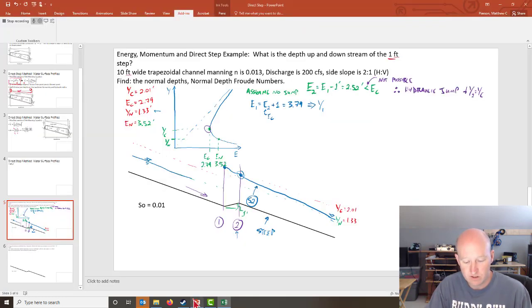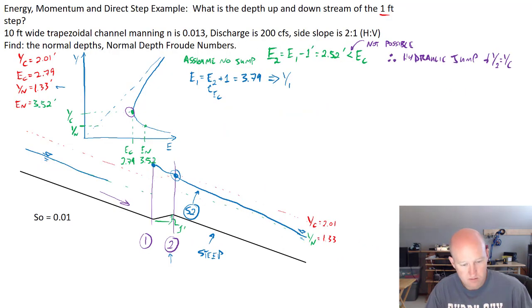And so if we look at our drawing here, we're looking at this point. So that's the energy at section 1. It's 3.79. And we're looking for this depth.